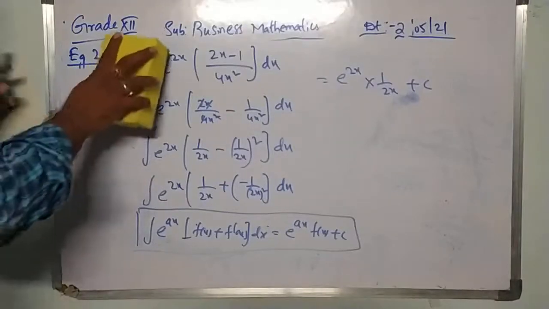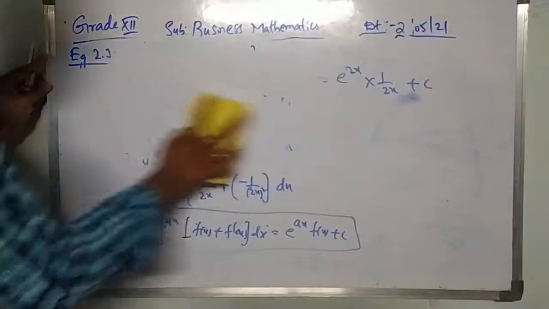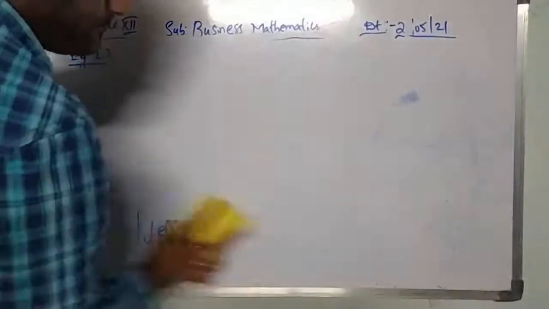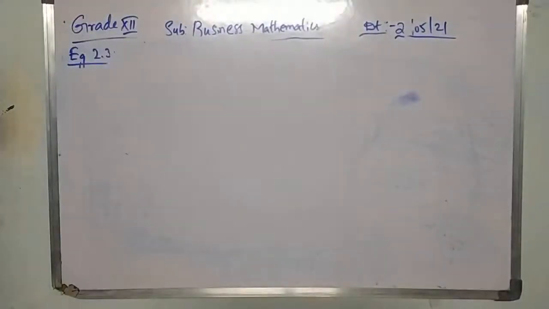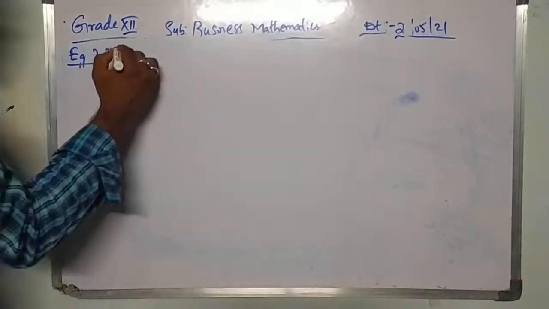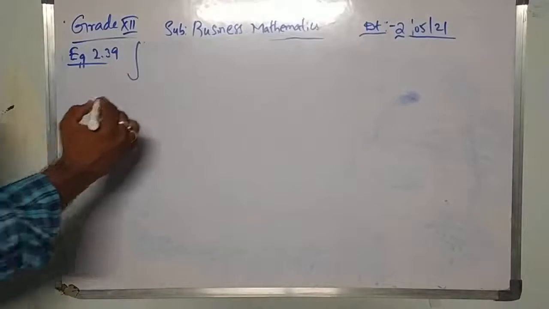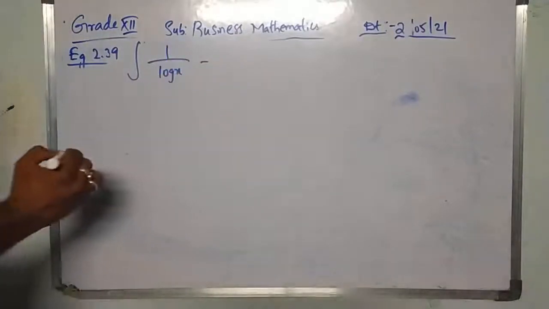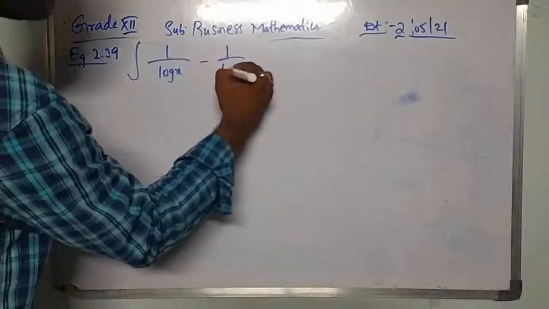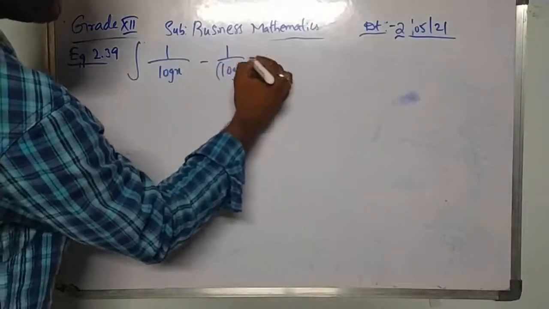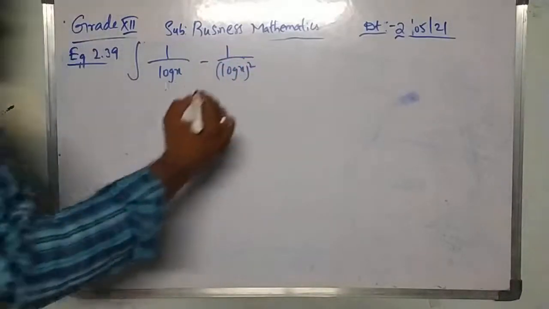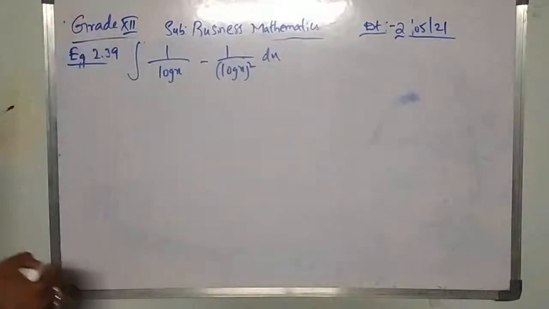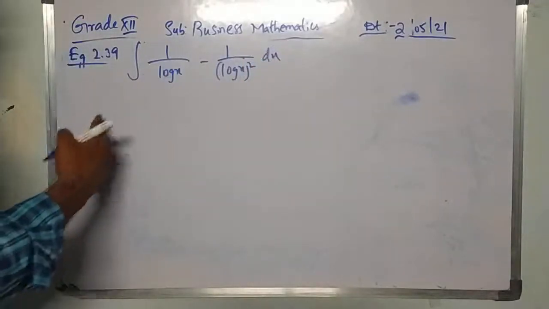Next, another question, 2.39. Example 2.39, integral (1 by log x minus 1 by log x whole square) dx. So we can take z.